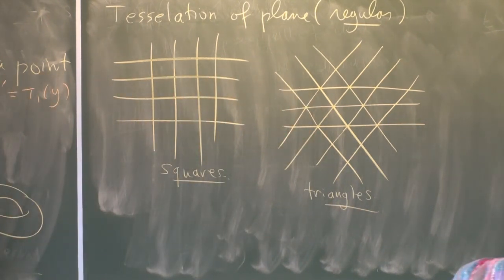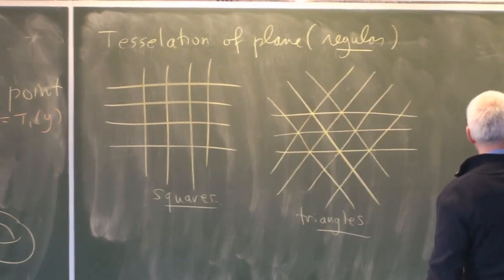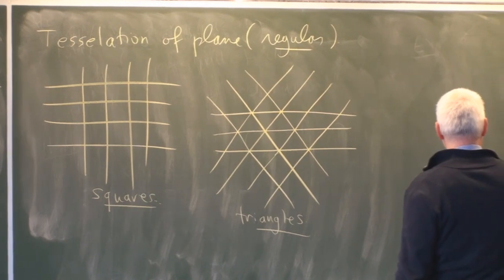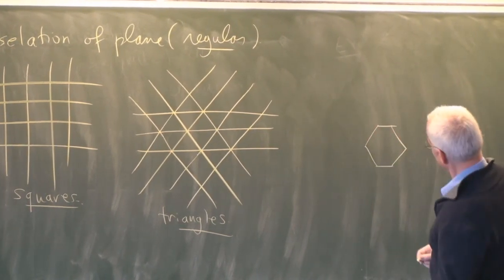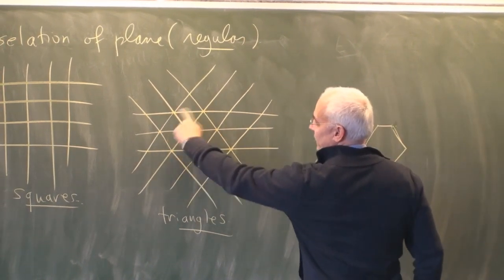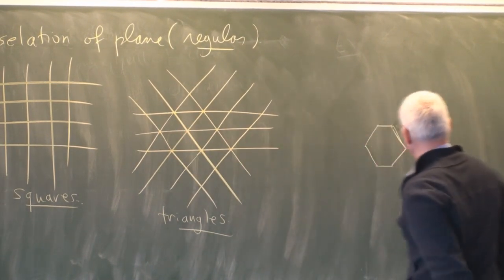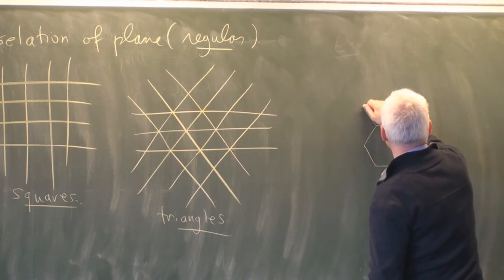And if we want a regular polygon, then there's only one more, which is closely connected with this one, which is in terms of hexagons, regular hexagons. There's a hexagon there, so you'd use this picture to draw this one, a honeycomb kind of pattern.